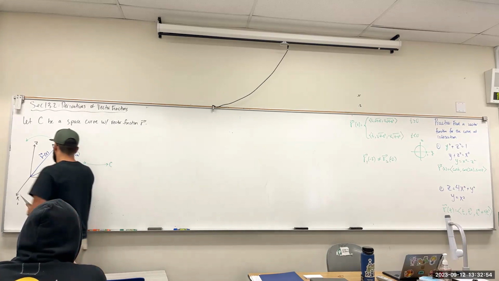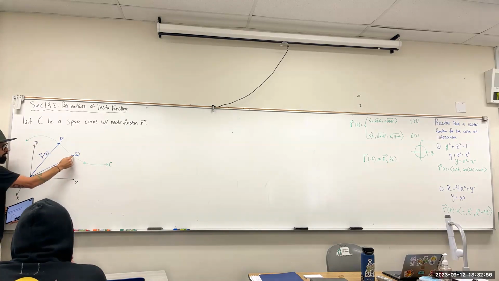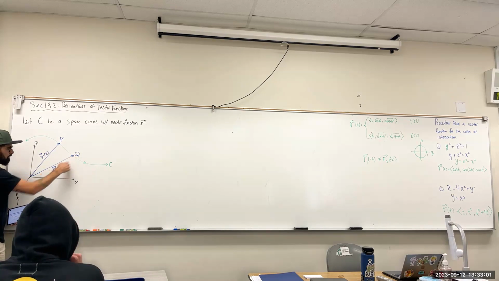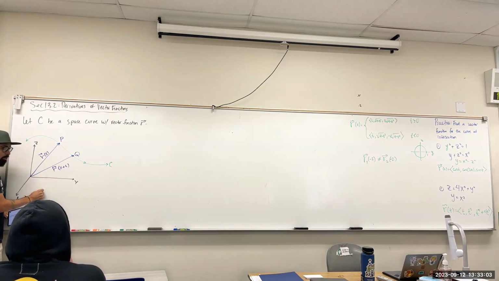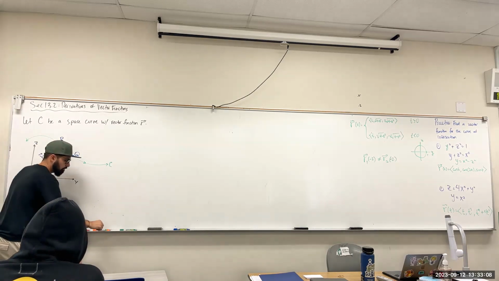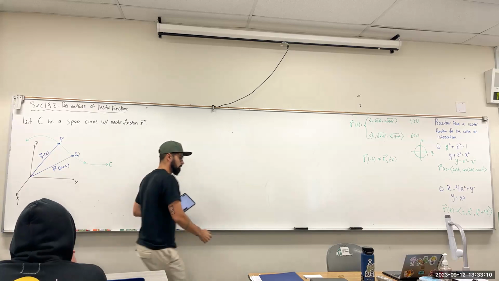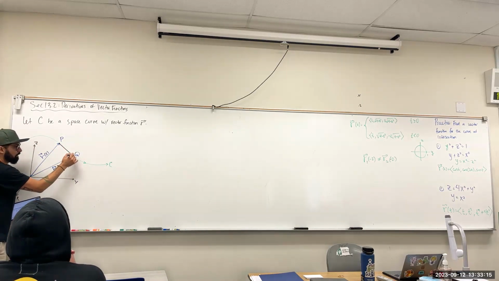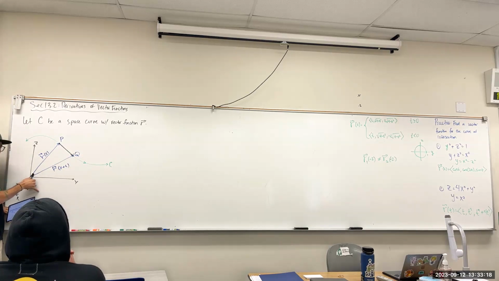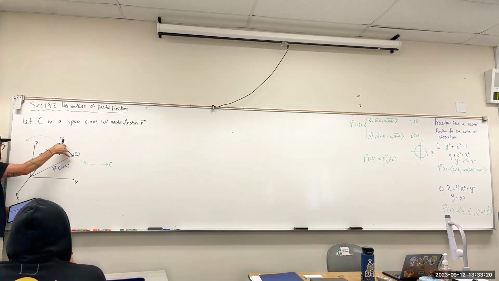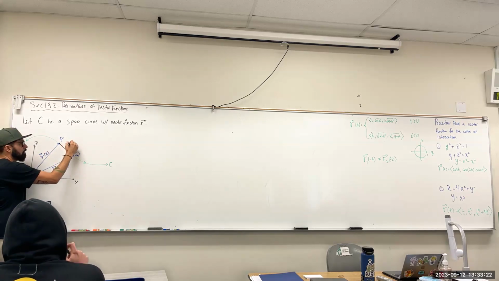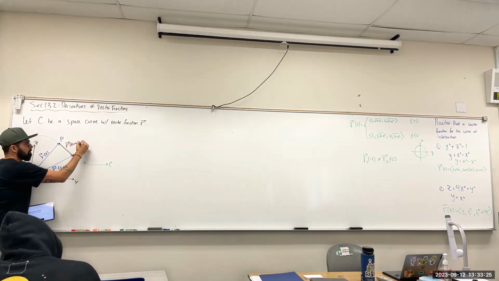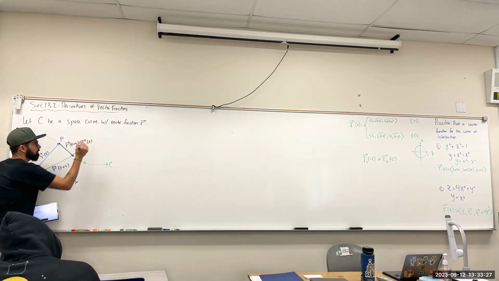That's r of t plus h minus r of t, which is backwards, so it'd be like this, this vector right here. But the way the textbook does it, that same vector is placed here. So this is r of t plus h minus r of t. That's the difference vector.